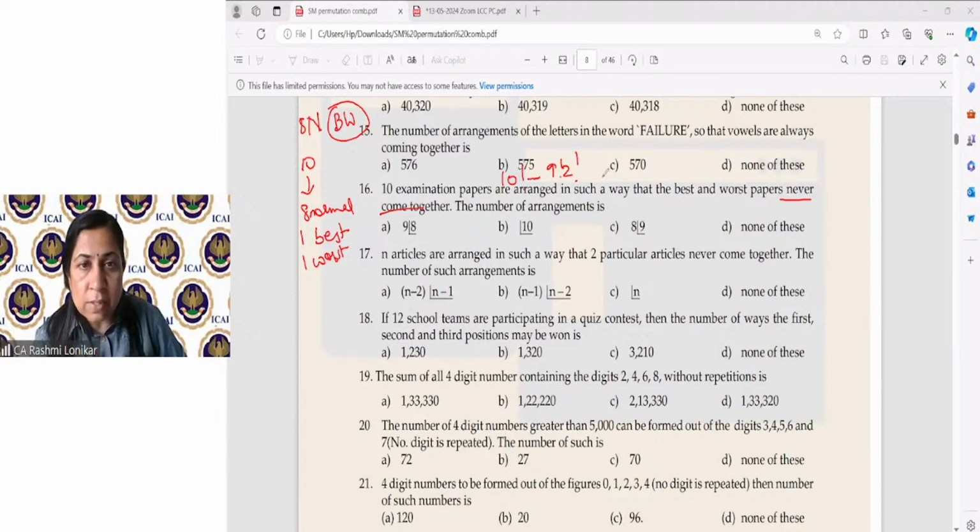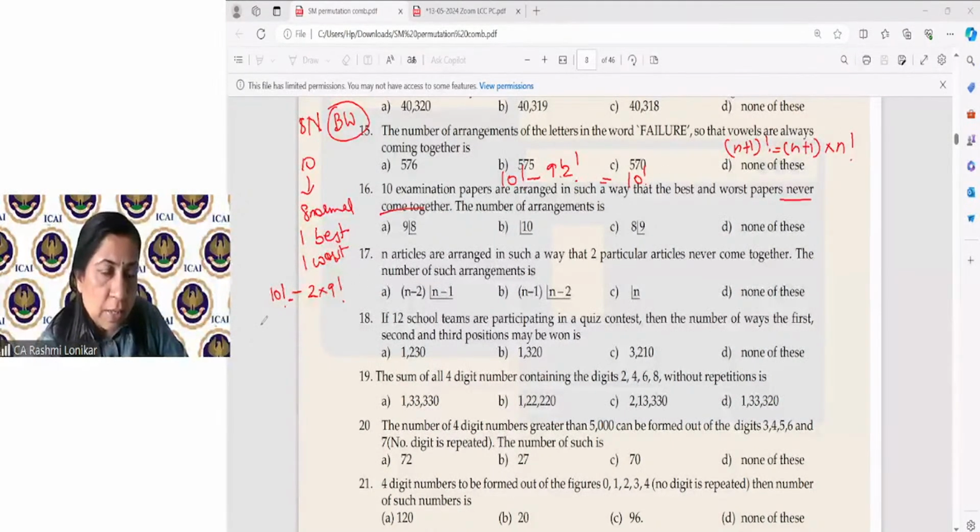So it is 10 factorial minus 9 factorial into 2 factorial. How much is 2 factorial? 2. So it is 10 factorial minus 2 into 9 factorial. Now, as you know, n plus 1 factorial can be written as n plus 1 into n factorial, so 10 factorial is 10 into 9 factorial. So we have 10 into 9 factorial minus 2 into 9 factorial.